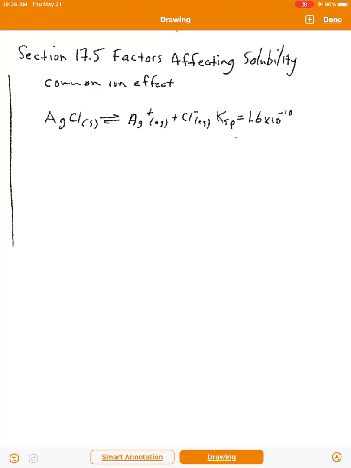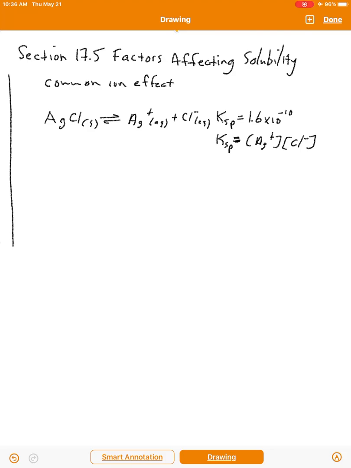Of course, the KSP is the concentration of silver ions times the concentration of chloride ions, right? So let's find the molar solubility of silver chloride first, and then we'll deal with the common ion effect.